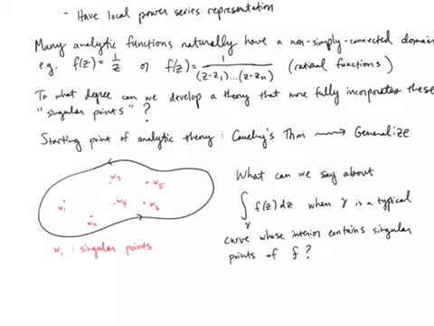Think of this rational function, which has a bunch of points not in its domain, and then you have a curve in the domain that encircles some or all of those singular points. What can we say about the integral over that curve gamma? Is there anything interesting we can say about that?